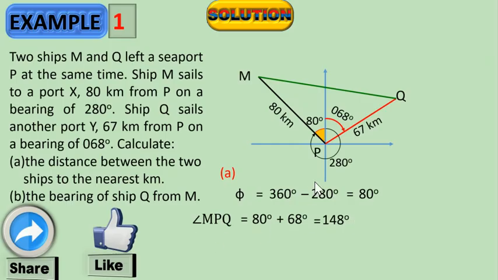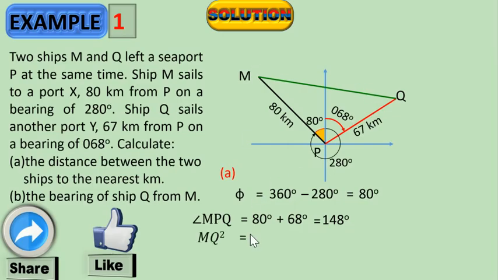Now, we need to find the distance MQ. For this problem, 2 sides, MP and PQ, are given, and the angle between them we have calculated as 148. Remember the condition to apply cosine rule. Two sides must be given and an angle between them. So this fulfills the condition to apply cosine rule. That means I can apply cosine rule to solve this problem.